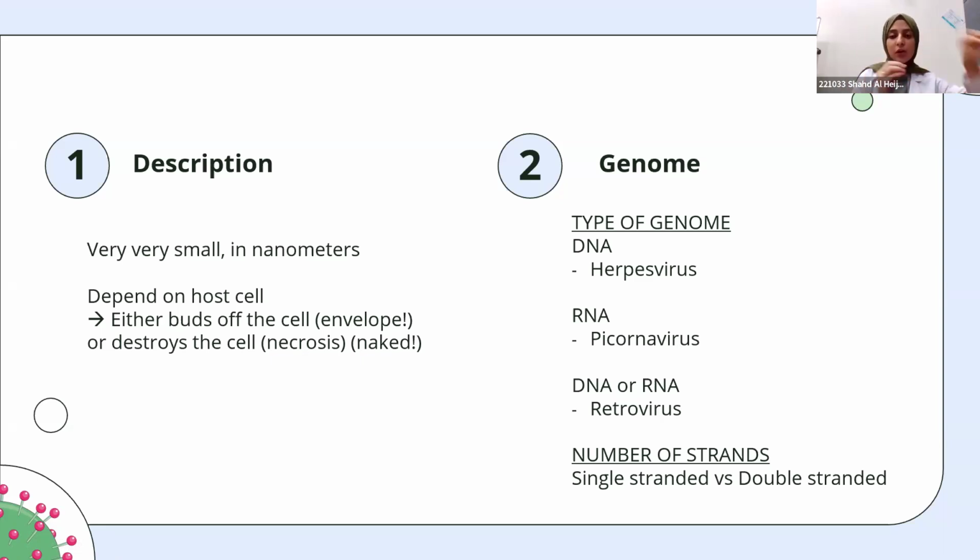This DNA could either be incorporated into the host cell, or it can again form the RNA, and then the virus will replicate and leave the cell again. So a retrovirus can have RNA or DNA, depending on the phase. We can also classify them according to the number of strands, so it could either be single-stranded or double-stranded for both DNA and RNA viruses.